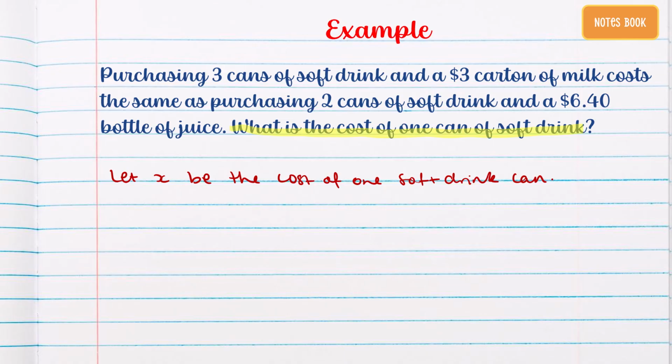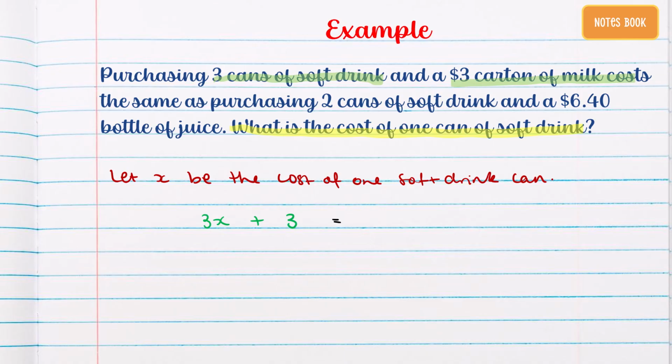I'm going to focus on that first side. So 3 cans of soft drink is 3x, and a $3 carton of milk. I've got 3 times x for the 3 cans of soft drink, and then that $3 carton of milk is always going to be $3. So that's my left-hand side of the equation.